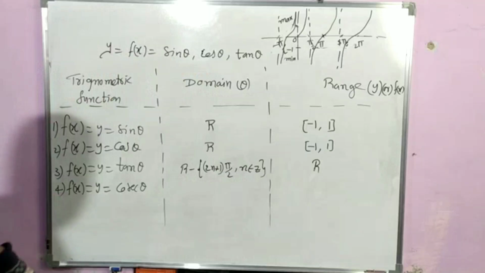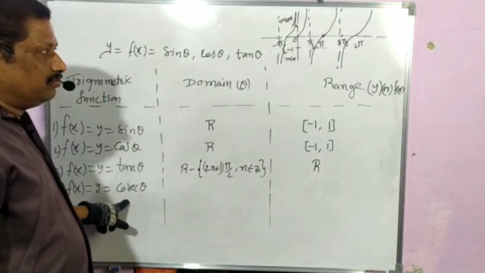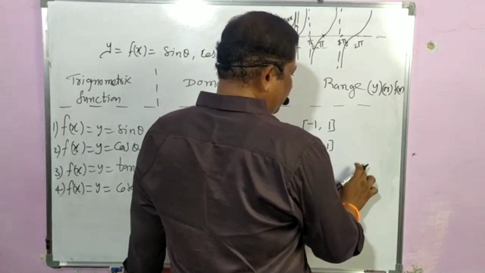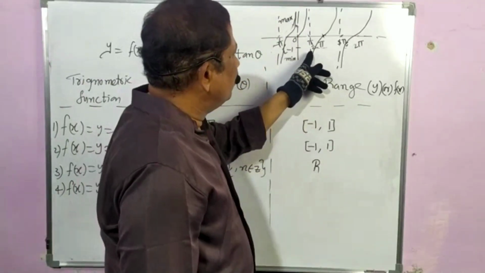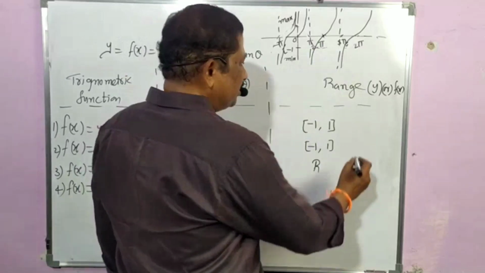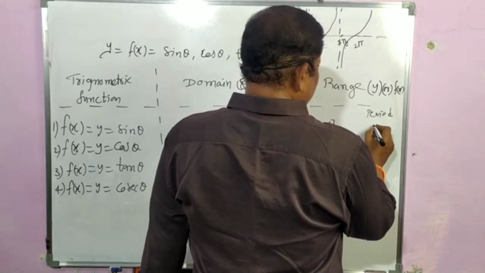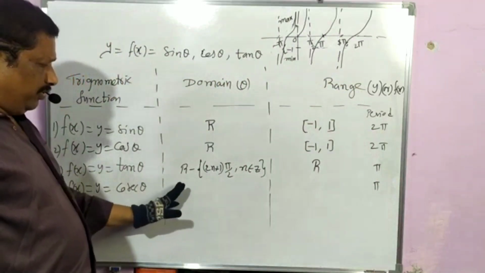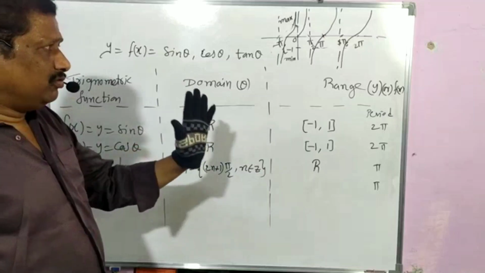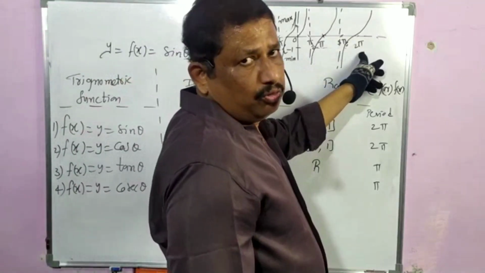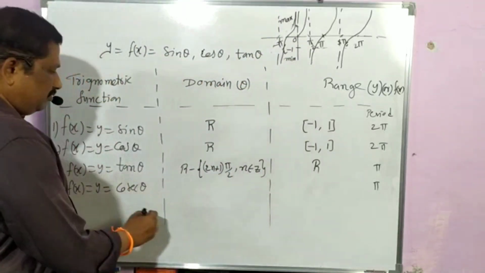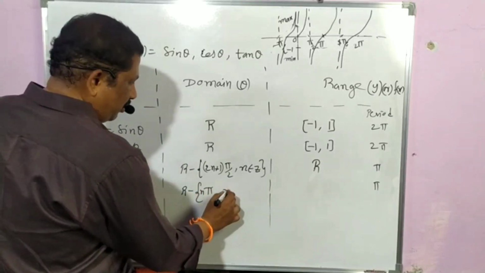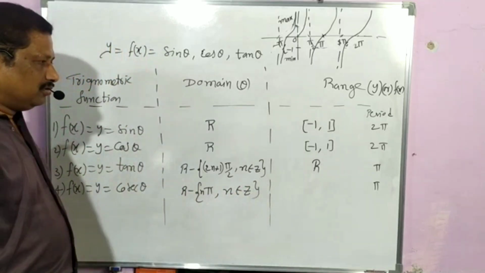Because it is the reciprocal of sine, it is not defined at 0 degrees. The period of sine is 2π, but here the gap is π. So for 0 and its multiples, 0, 180, 360, it is not defined. The domain is R minus nπ, for all n belonging to Z.